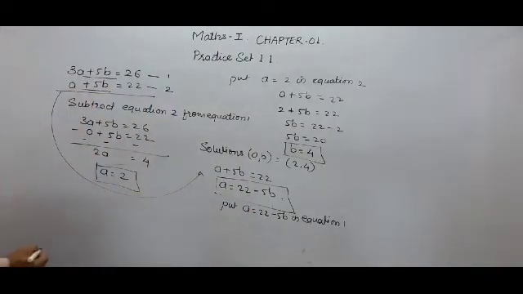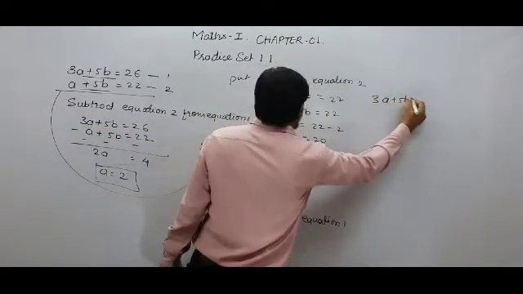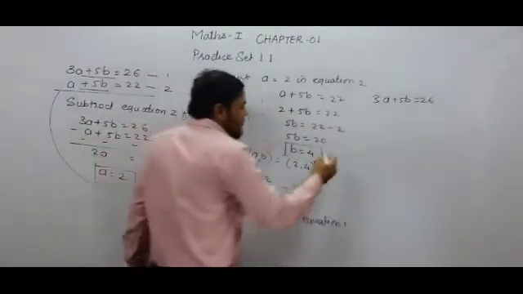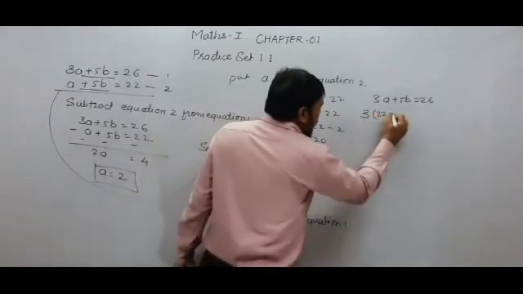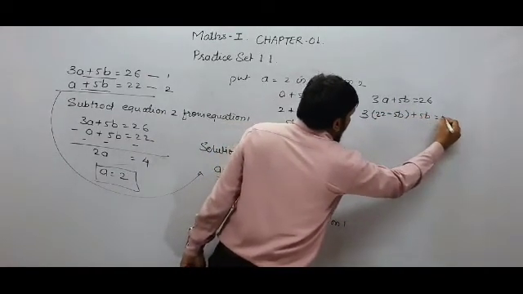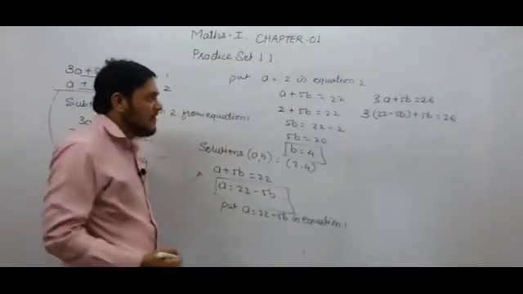The equation is 3a plus 5b equal to 26. So student, instead of a we will write 22 minus 5b. So this will be 3 times the bracket 22 minus 5b, plus 5b equal to 26.